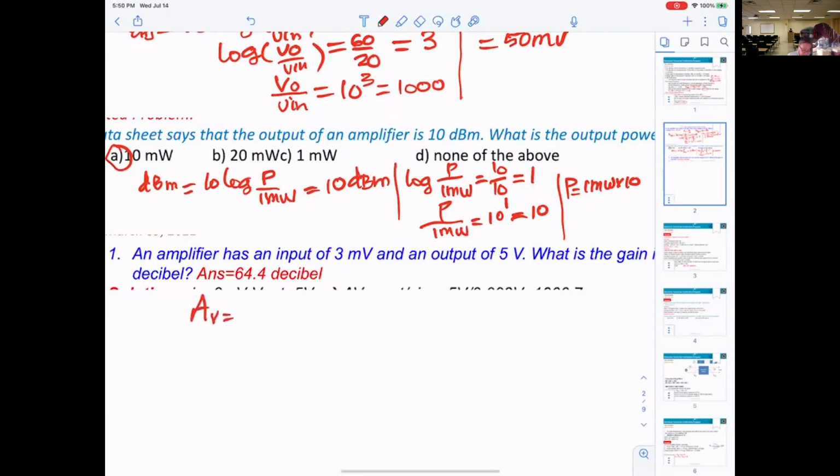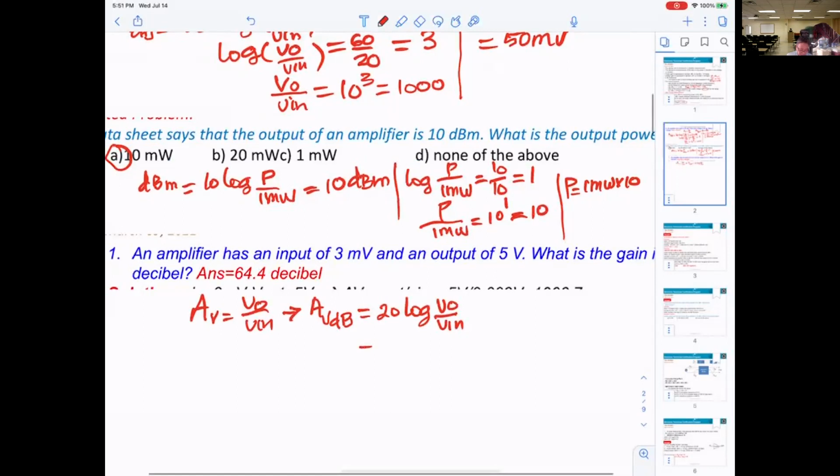So now you have to know the formula for the voltage gain in dB: AV in dB equals 20 log V out over V in. Then you already have V out equal 5 volt, V in 3 millivolt.